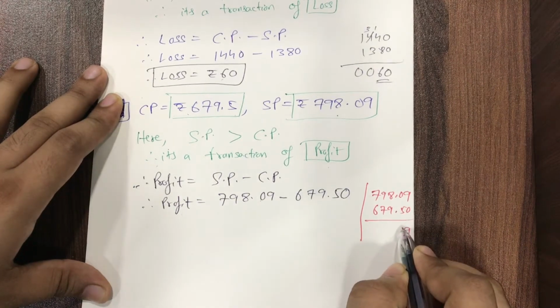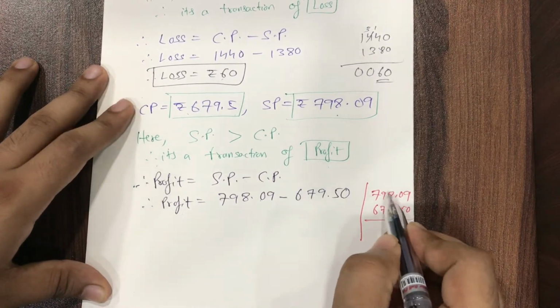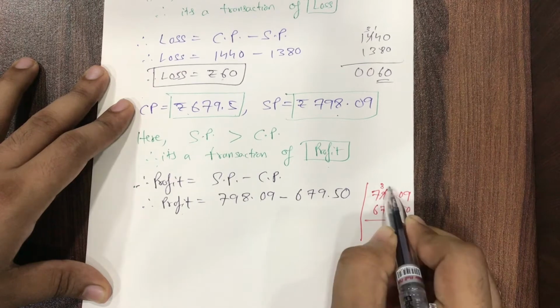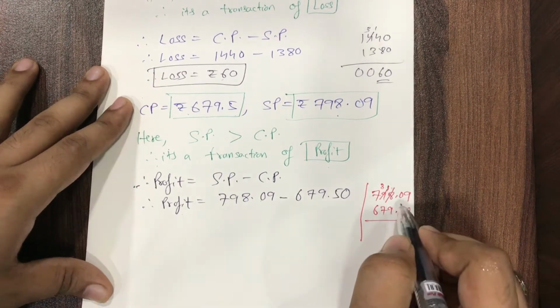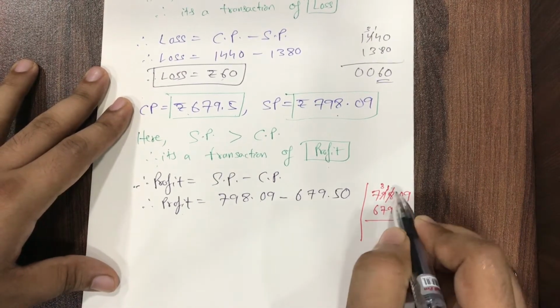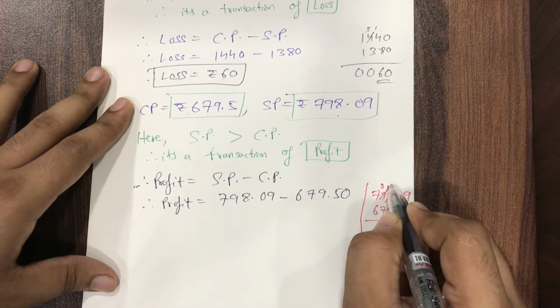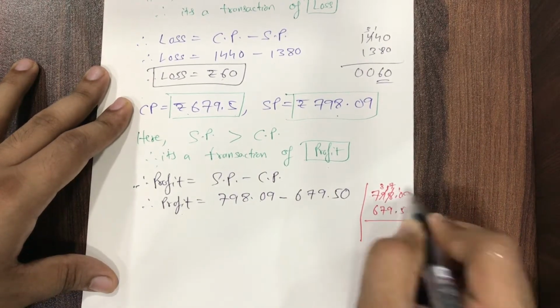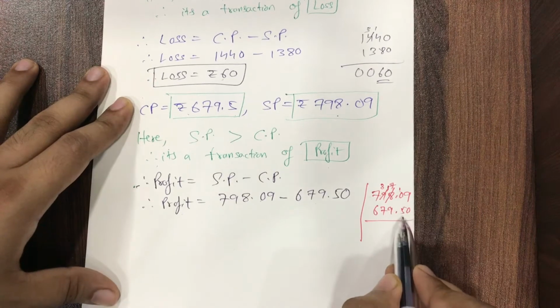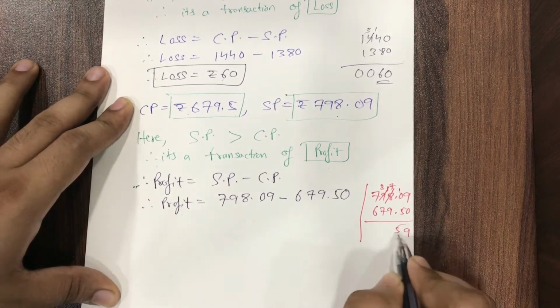9 minus 0 is 9. 0 minus 5, not possible. So here in the place of 9, I'll make it 8. This will become 18. But if I cancel out this 18, this will become 17, and this 1 comes here. So 10 minus 5 becomes 5.